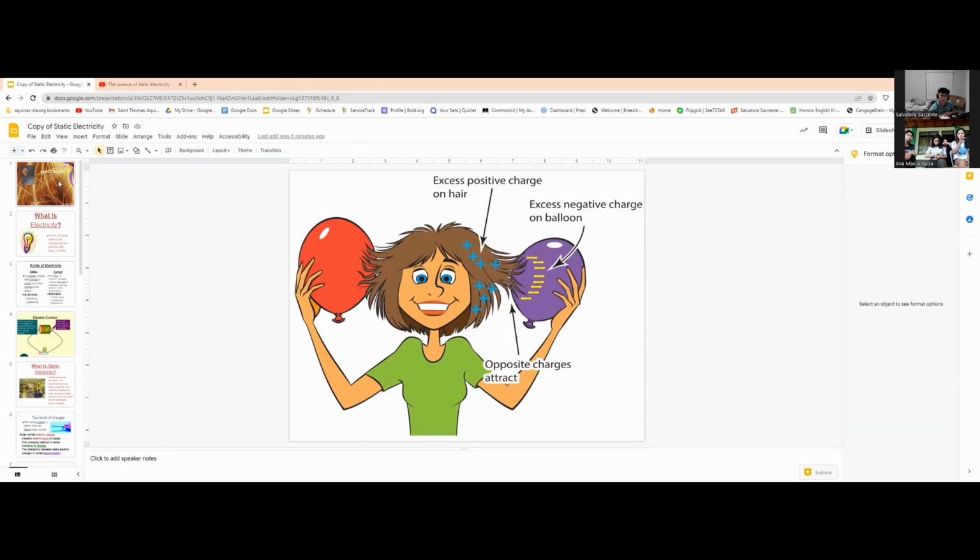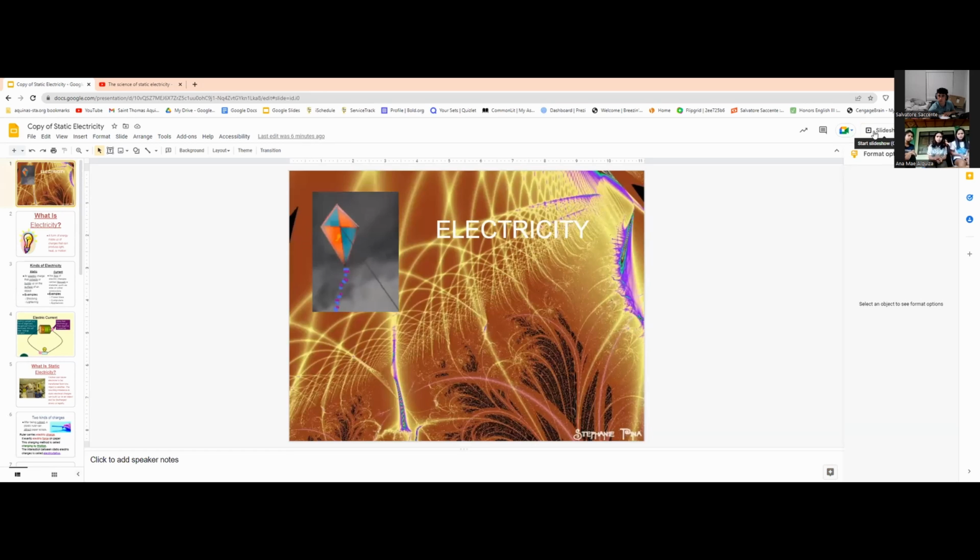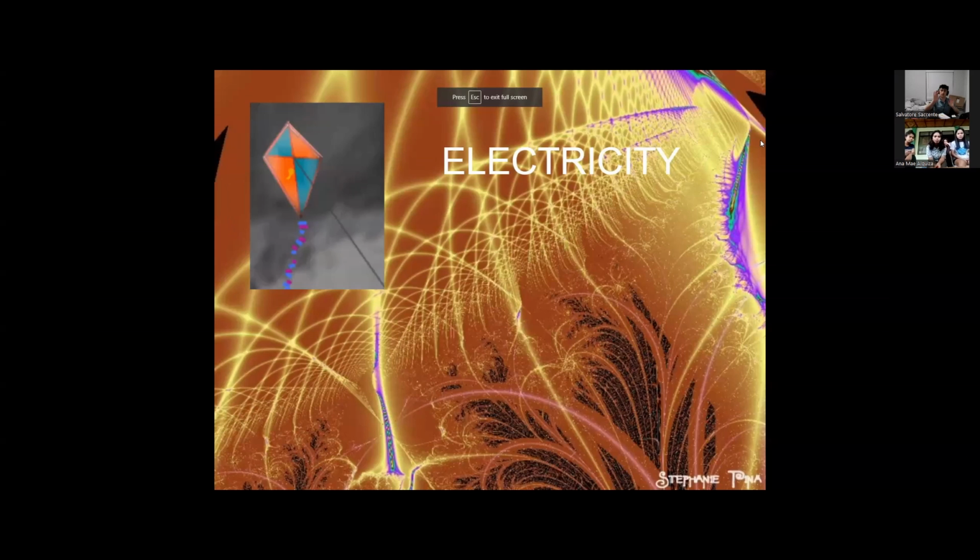Okay, so today we are going to learn about static electricity, or just electricity, but specifically static electricity, okay? It'll probably be a quick lesson today. Nothing too crazy, but as you know from what we learned in our introduction, electricity is very important in our world, especially in science and especially in STEAM.